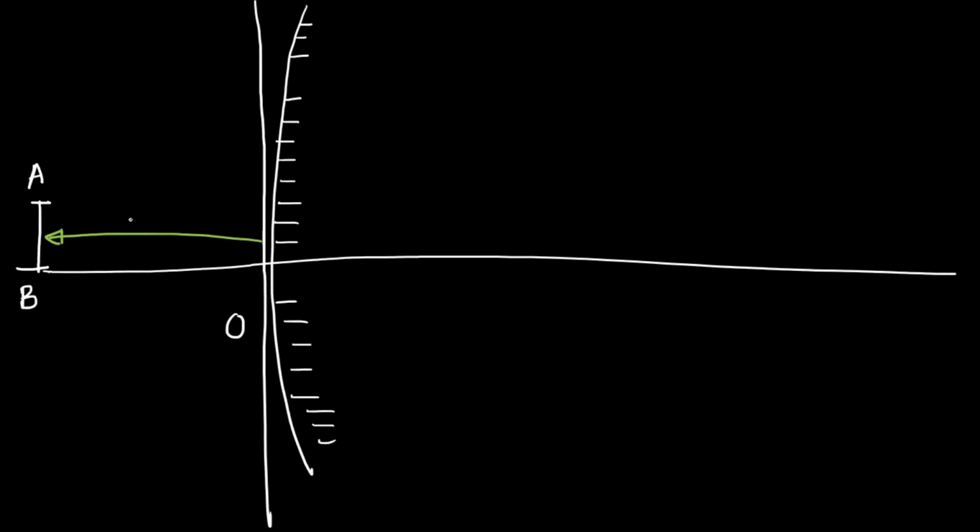U stands for object distance, and it's very obvious that u is always negative. Always negative. That's by convention.